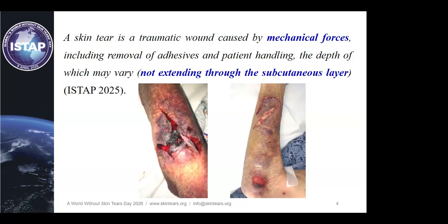Therefore, it only extends right up to the level of the subcutaneous layer. This definition is important as it delineates skin tears from other traumatic wounds such as lacerations.